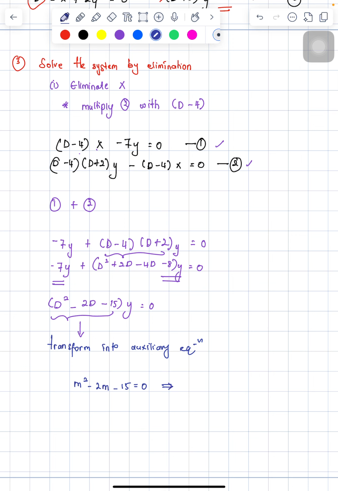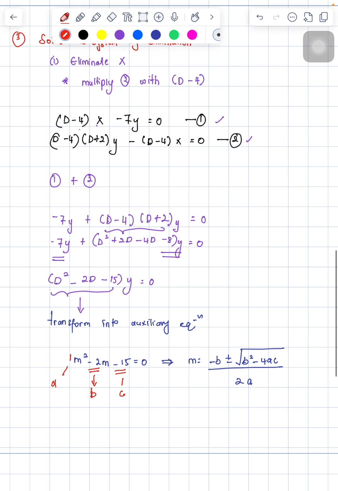From this we can get the roots by using m equals negative b plus minus square root of b squared minus 4ac, over 2a. Here a is 1, negative 2 is b, and negative 15 is c. Or you can also use your calculator to find the roots. So m equals 5 and another m equals negative 3. We have real and distinct roots.